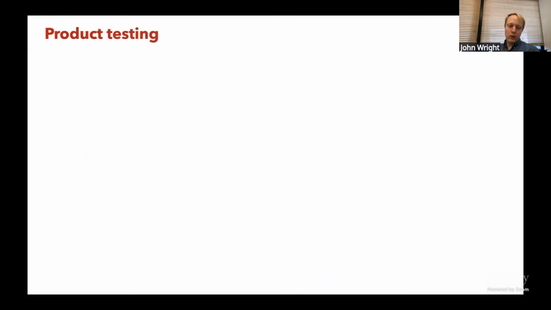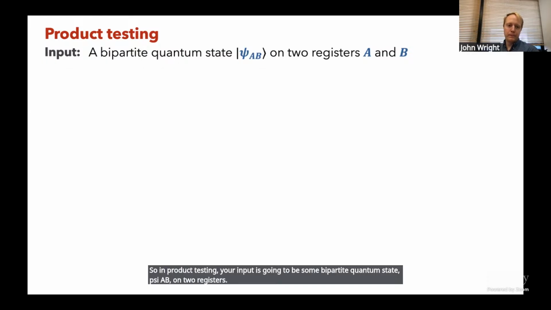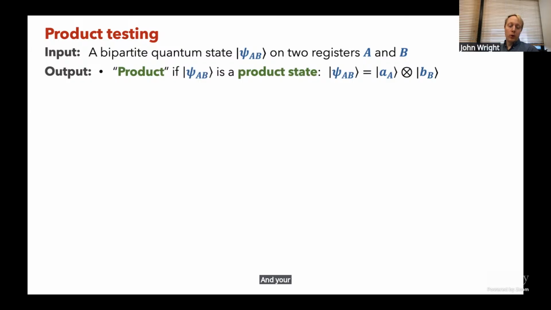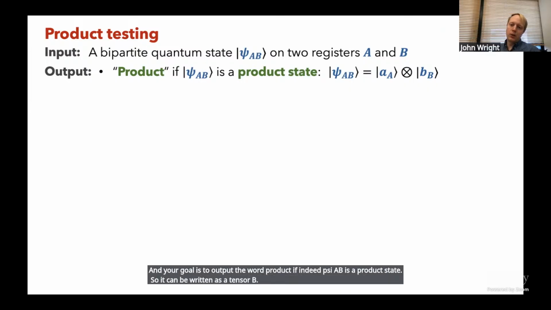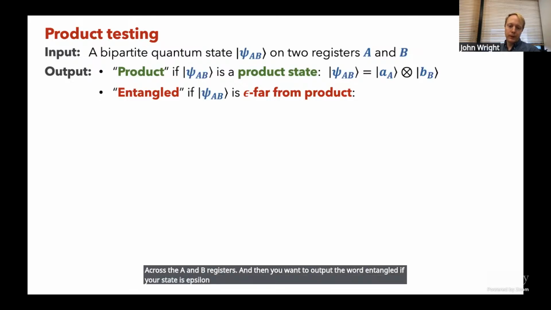In product testing, your input is some bipartite quantum state, psi AB, on 2 registers A and B. Your goal is to output the word product if indeed psi AB is a product state, so it can be written as A tensor B across the A and B registers. And you want to output the word entangled if your state is epsilon far from product.